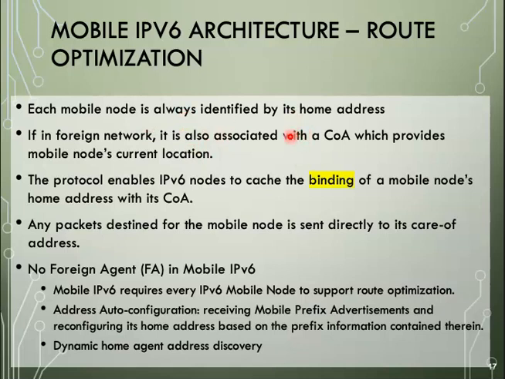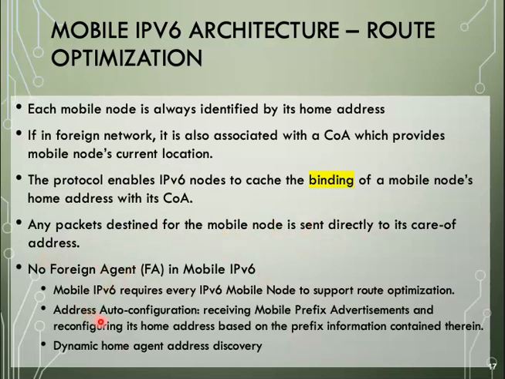And the protocol enables IPv6 nodes to cache the binding of a mobile node's home address with its care of address. The binding means to associate the home address with its care of address. So any packet addressed to this mobile node is sent directly to its care of address.